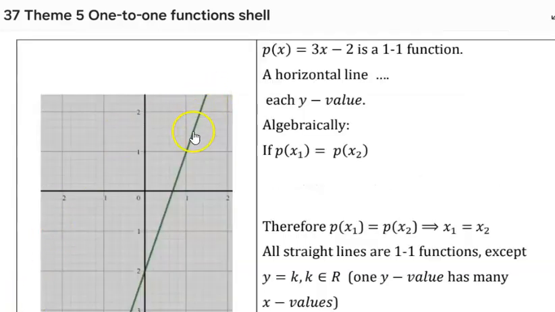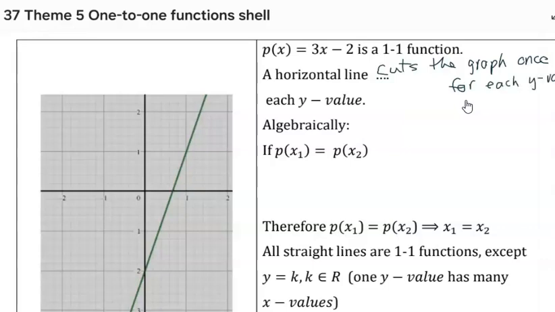First of all, here we have the straight line y equal to 3x minus 2. We can easily see it's a function. We know straight lines are functions. But if I now take a horizontal line, it will only cut the graph once. So a horizontal line cuts the graph once for each y value.